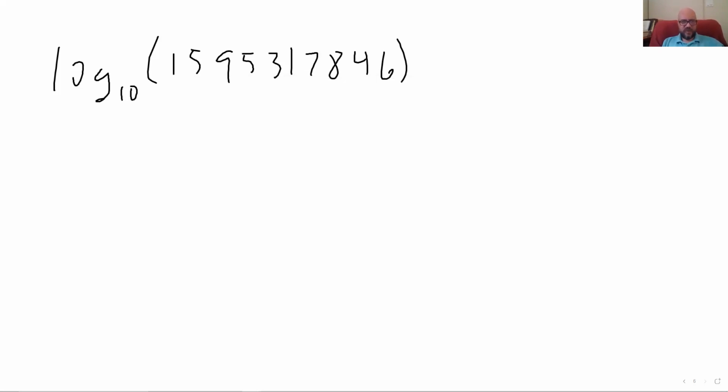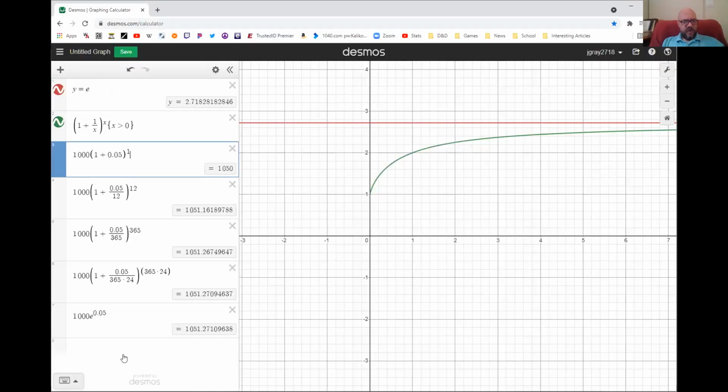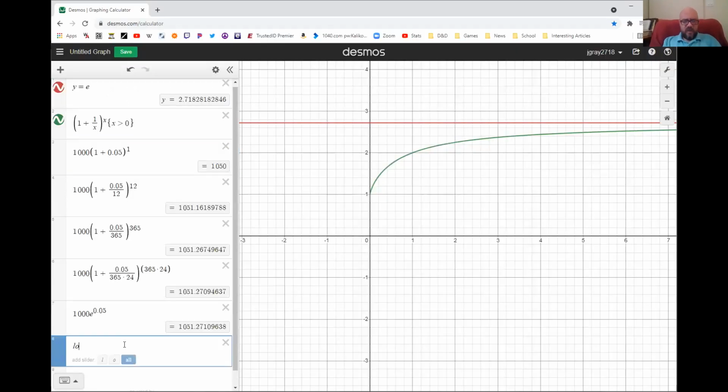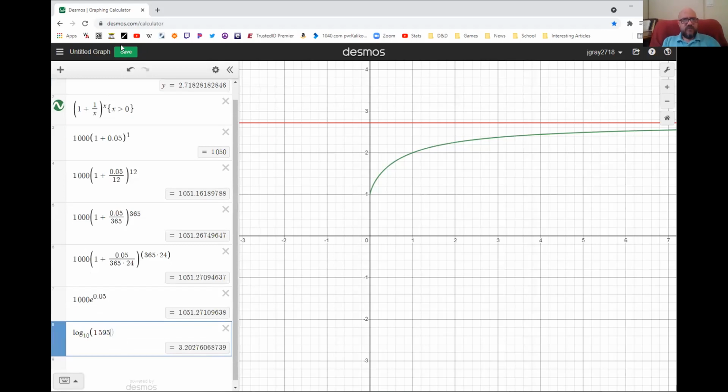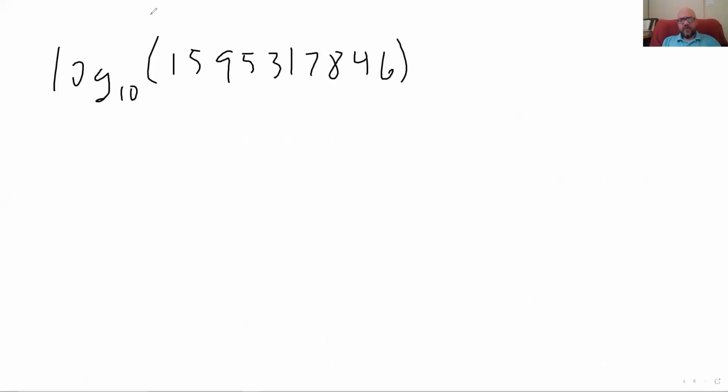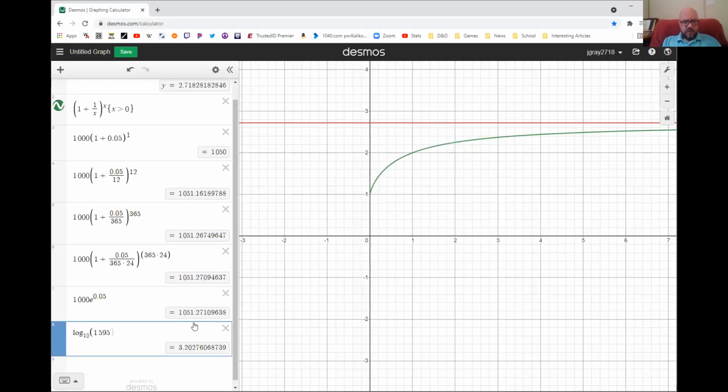So if I wanted to find log base 10 of 1595317846... a little bit bigger than 9, right?